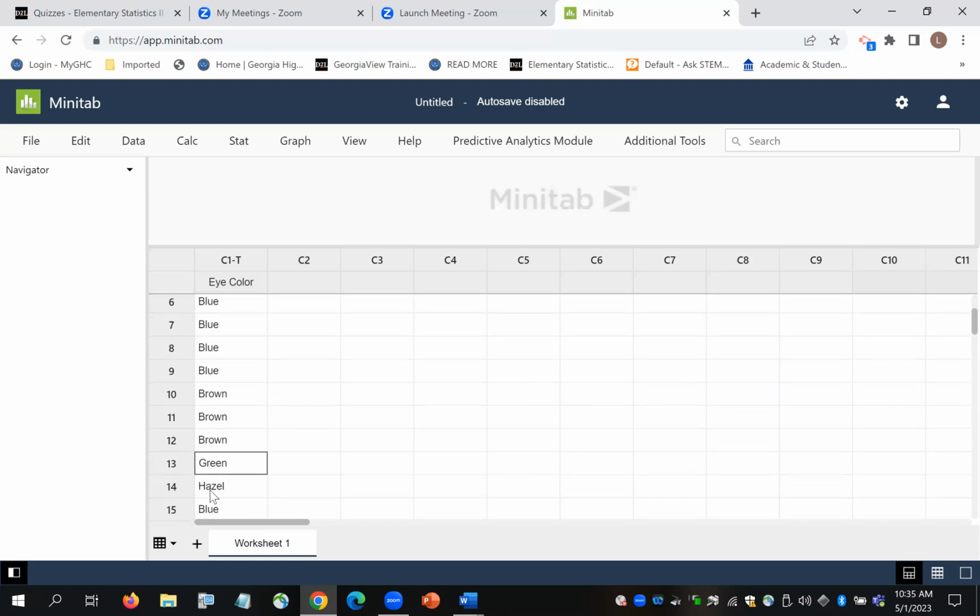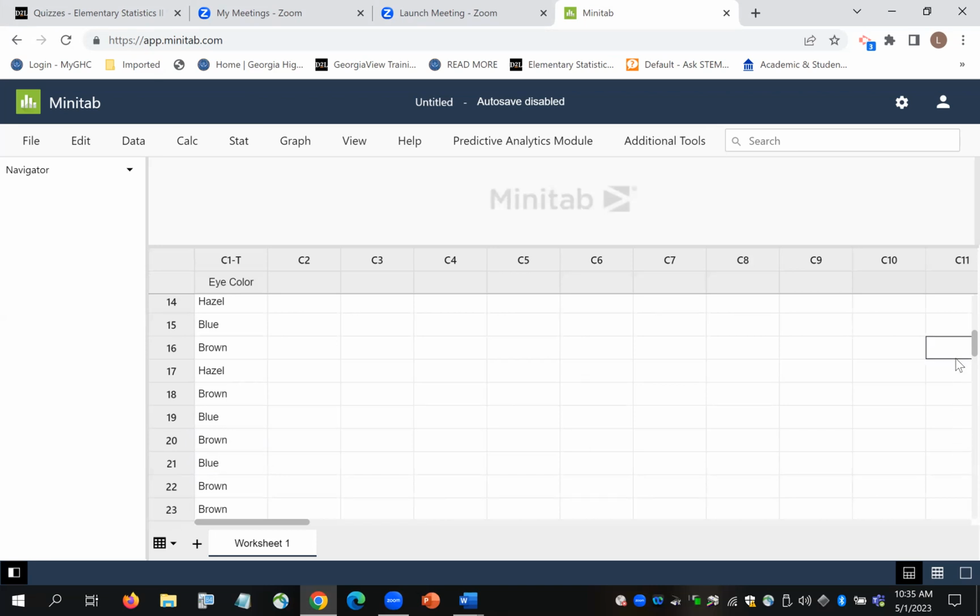Then green, hazel, blue, brown, brown. Then I should have hazel, brown, blue, brown, blue.